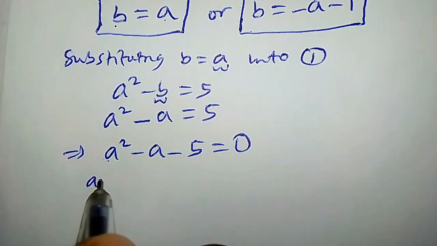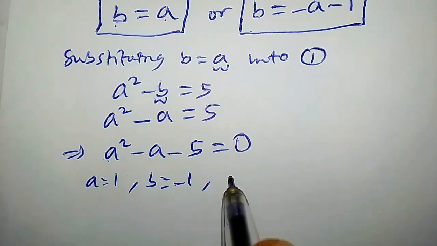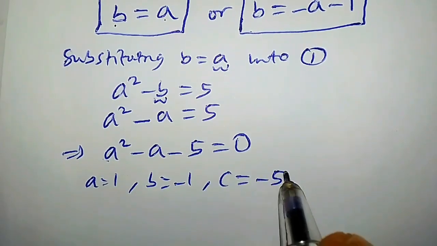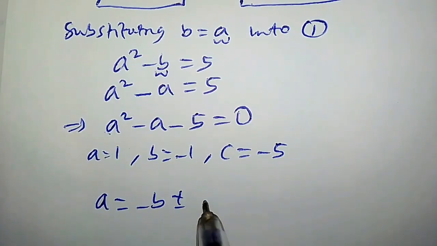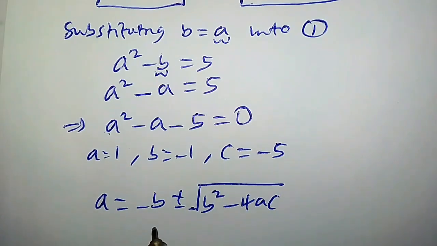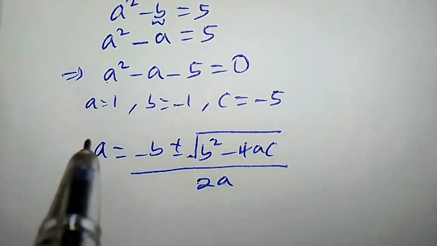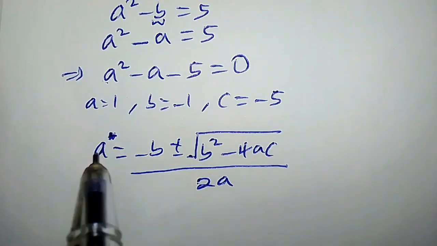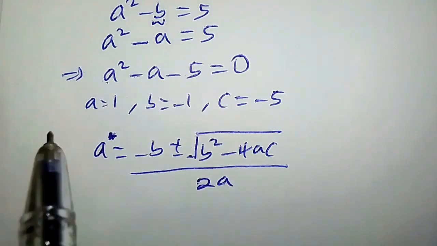This means that our a is equal to 1, our b is equal to −1 and c is equal to −5. What does the quadratic formula say? It says a equals −b plus or minus the square root of b² − 4ac, over 2a. To avoid confusion, let us call this a star. But have it in mind that a star is just the a that we are looking for in this quadratic equation.